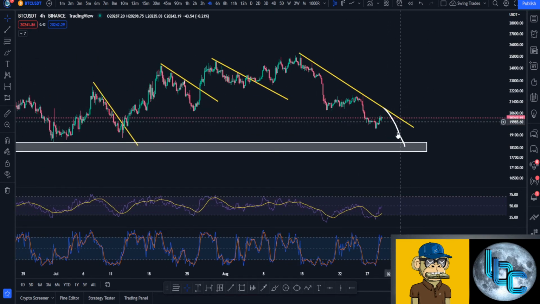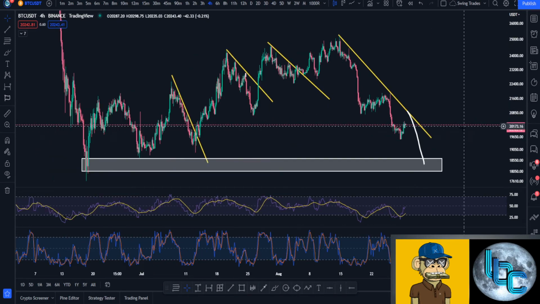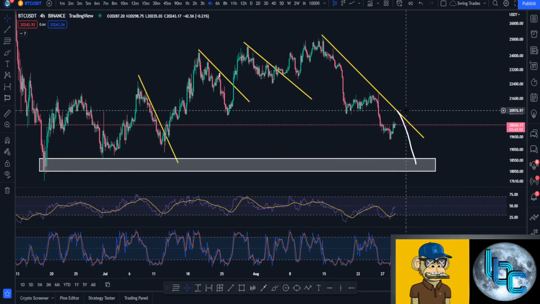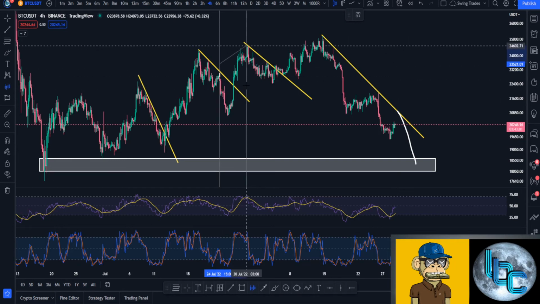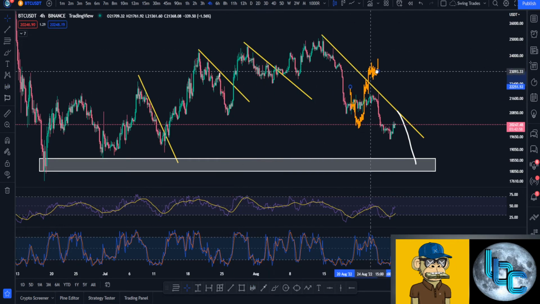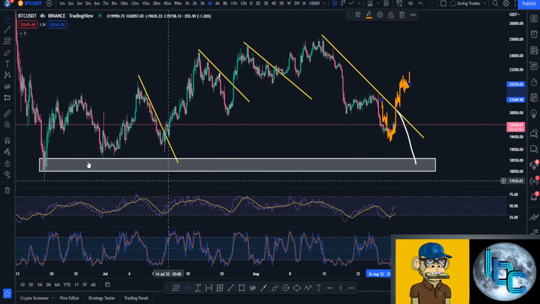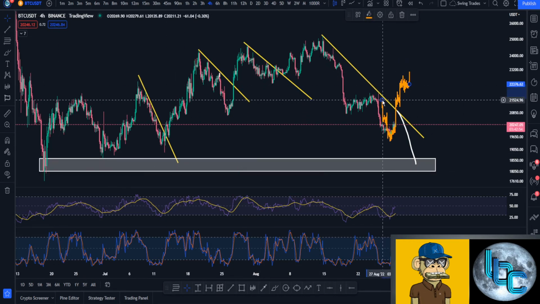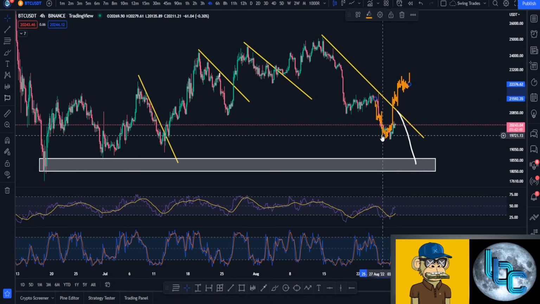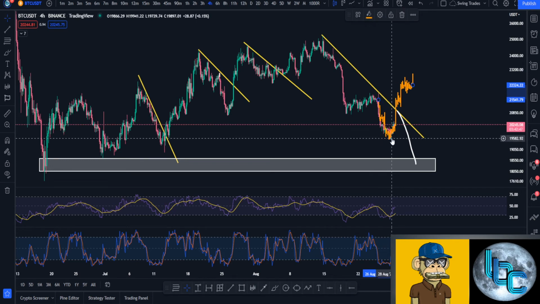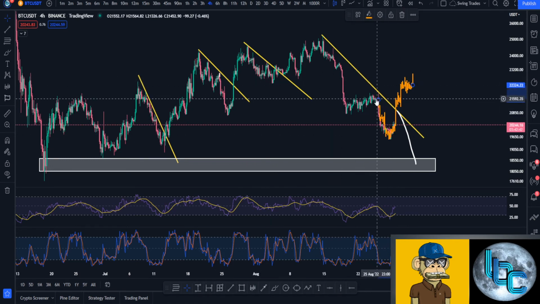But I noticed some similar structures in here, so I just wanted to take a look at them and see how much they lined up and how much I could get them to line up. So if we're not going to come down and set a new low, this is a possible breakout scenario for a higher move, back up into this range over here.